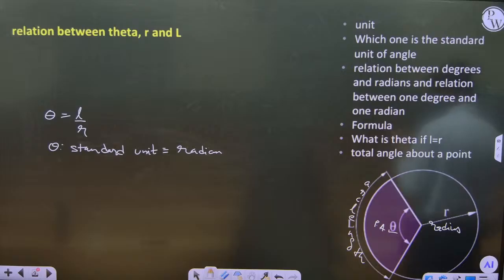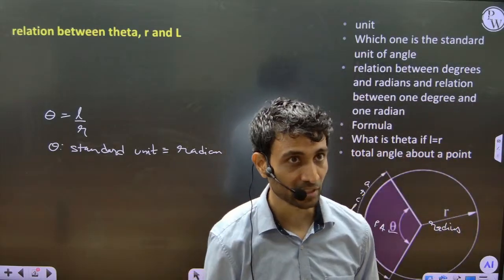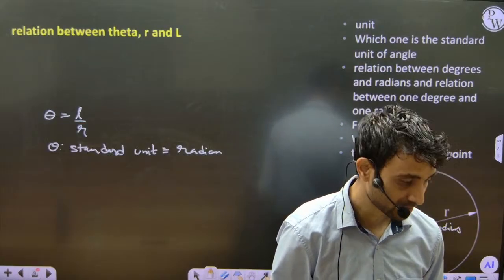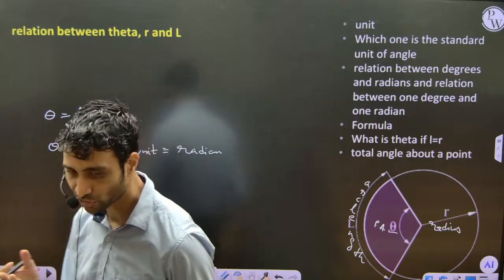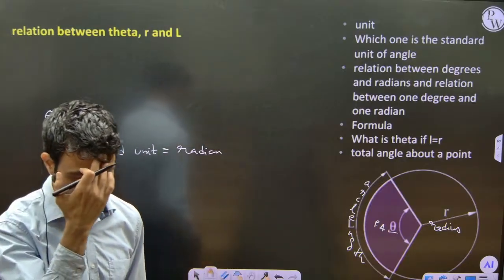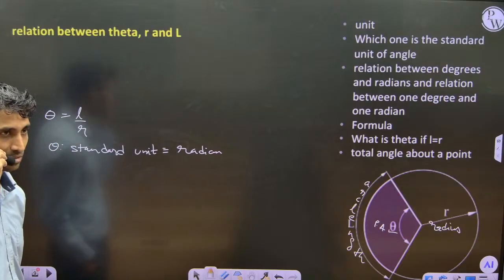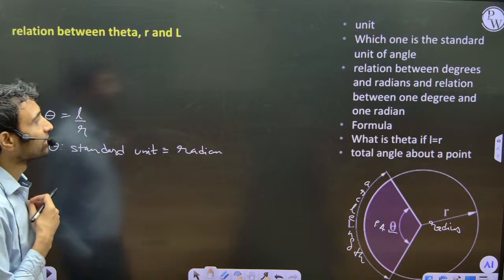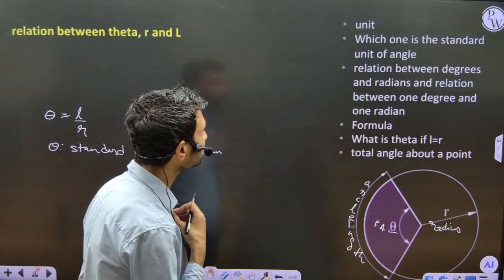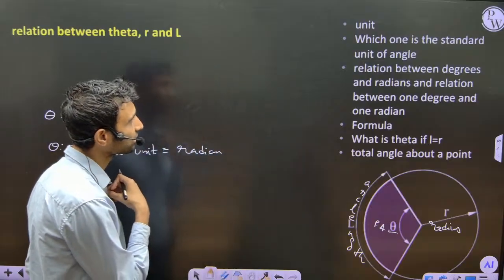But now you have to understand that the standard unit is not degrees, just like the standard unit for length is not centimeter, you know it's meter. So likewise, you have to be wary about the standard unit. In this case, it is radian. So the standard unit of angle, already mentioned, is radian.